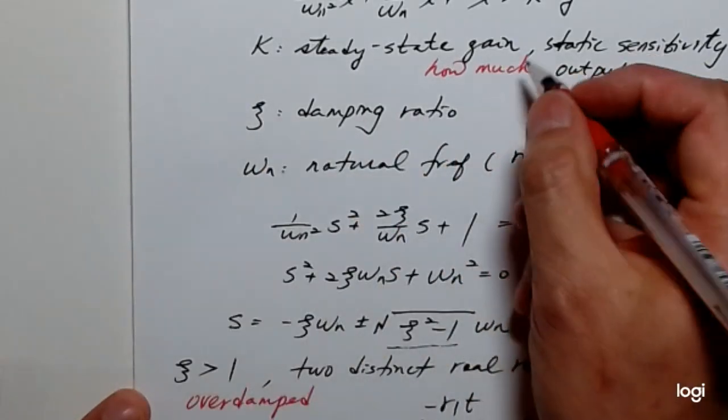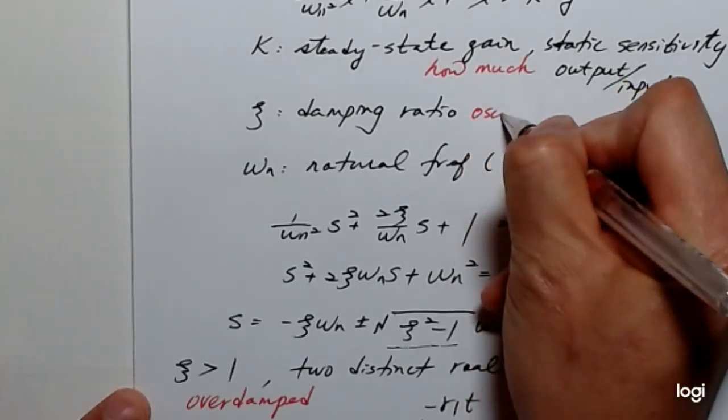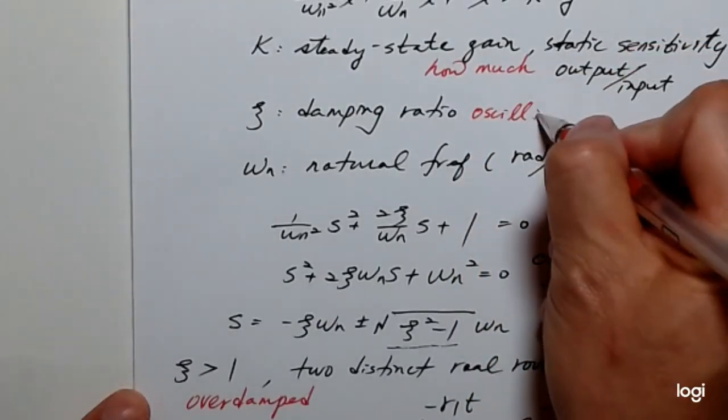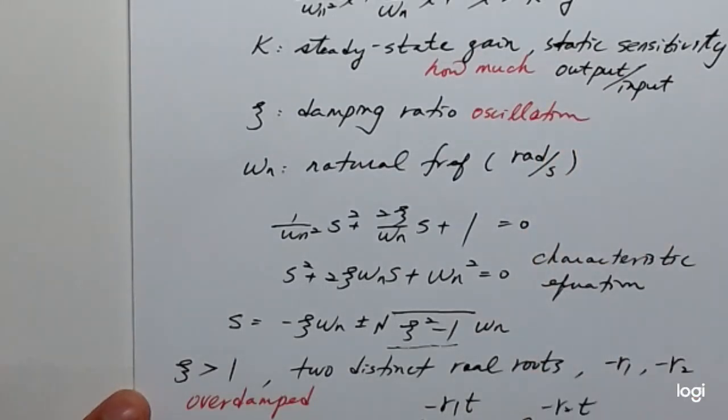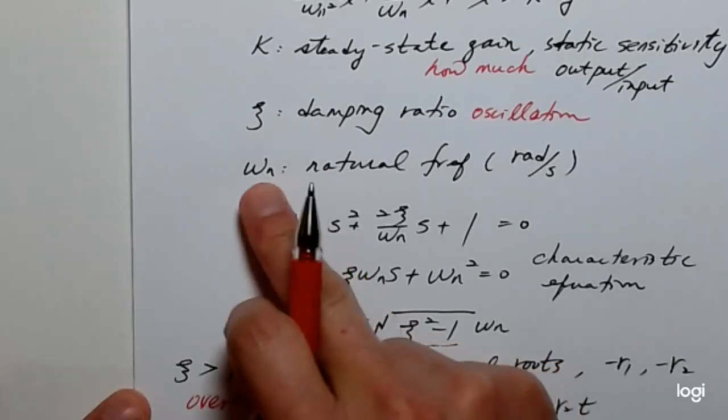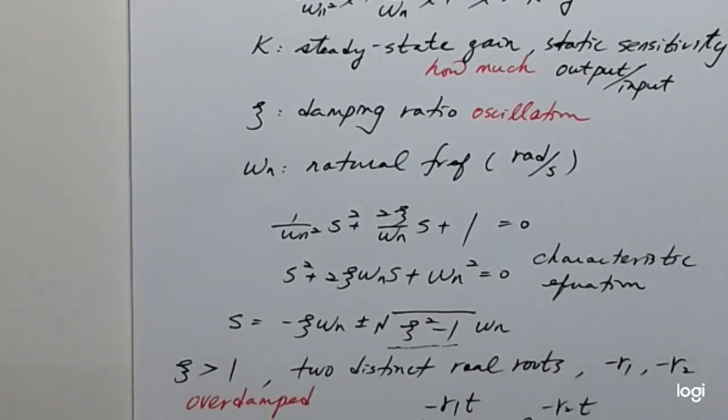Damping ratio determines oscillation or not. And what's natural frequency? If it oscillates, it determines the oscillation rate.